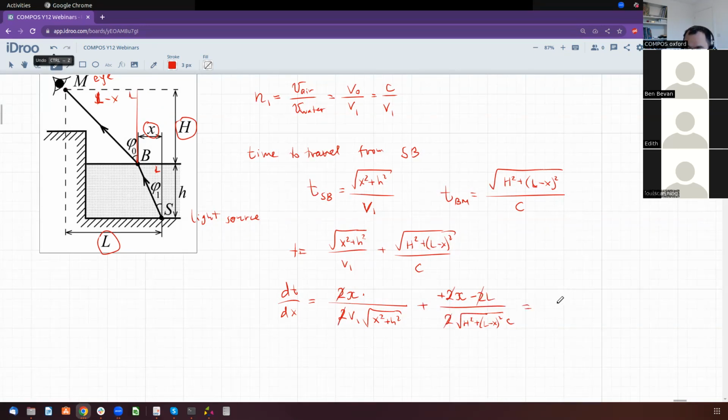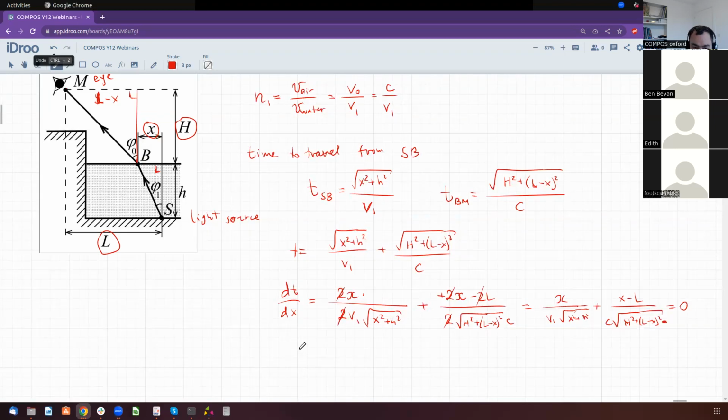Okay, and we have x over v1 square root of x squared plus h squared plus x minus L divided by the square root of h squared plus L minus x squared times c. I'll put c here. And this has to equal 0.